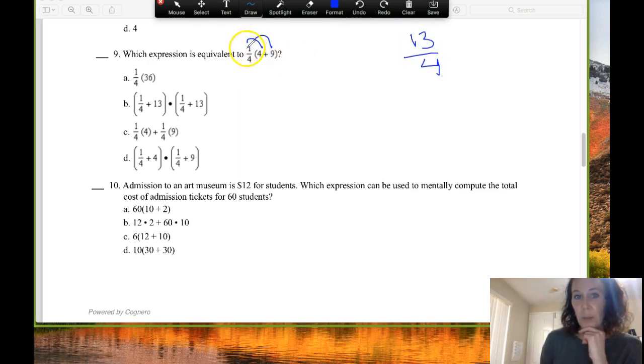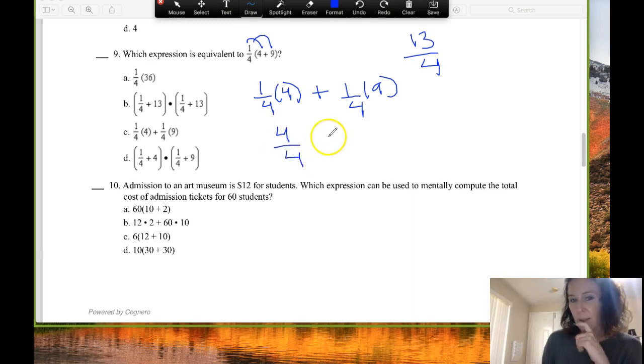Let's just check it. 1/4 times 4 would be 4 over 4, or 1. Plus 1/4 times 9 would be 9 over 4. They have the same denominator, so I can add them to get 13 over 4. Okay, so you get the same answer.